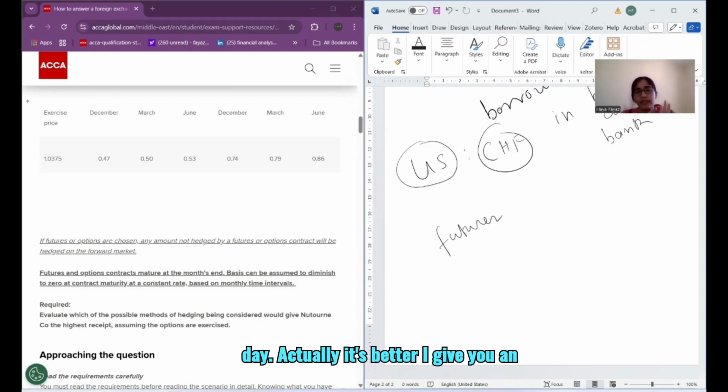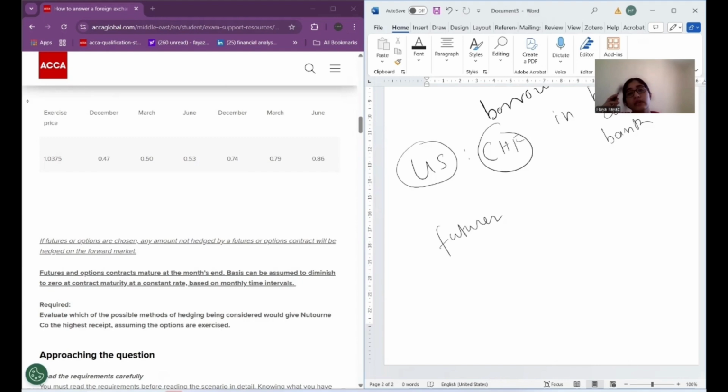Actually, it's better I give you an example and explain from the scenario, because like this you won't understand. But what it is, it's just the difference between the futures price and the spot rate, into the number of months till the futures expires. That should be the denominator, and the numerator will be the months till the transaction date.